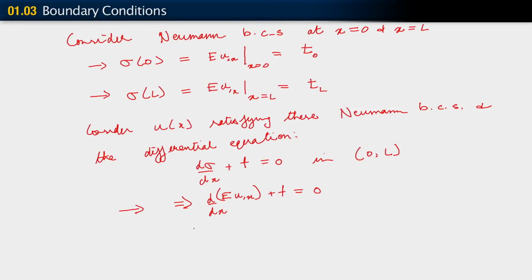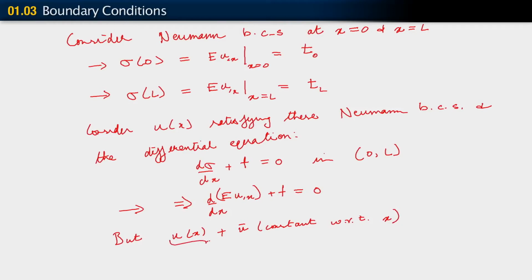Because supposing you did have a u that satisfied these conditions, what we could do is u of x plus some other u, which I will denote as u bar, which is a constant with respect to x.